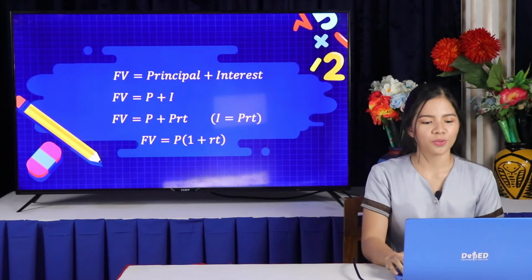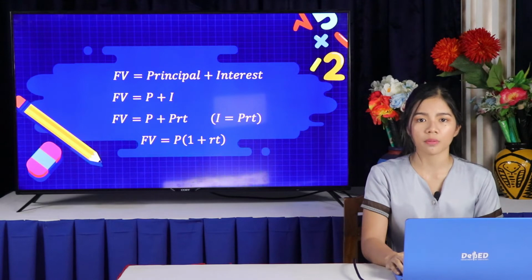FV is equal to principal plus interest. FV is equal to P plus I. Since I is equal to P times R times T, FV is equal to P plus P RT. Factor out P, FV is equal to P times 1 plus RT.